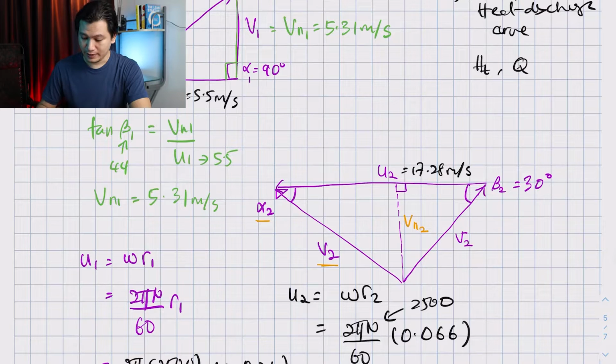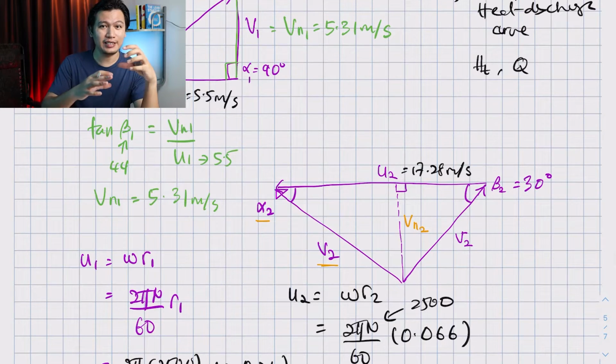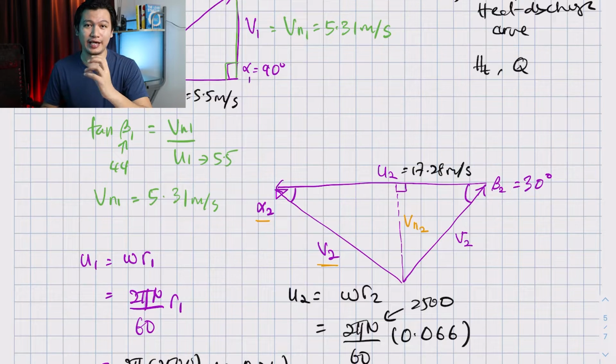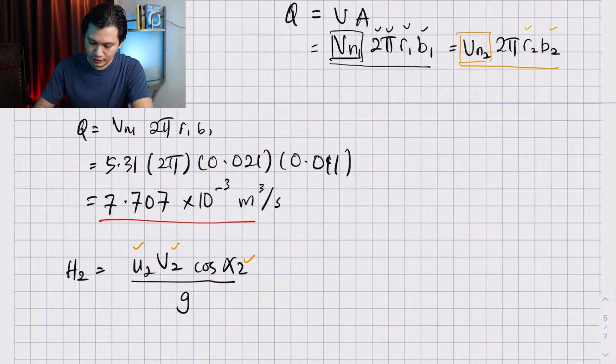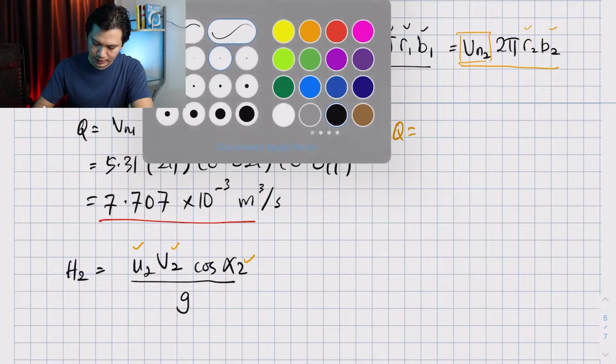Because we already know the flow rate, the flow rate at inlet will be the same as the flow rate at exit. Now we can find Vn2. We are trying to complete the puzzle for the second velocity triangle. Now Vn2, using this equation, so Q is, let me use black.